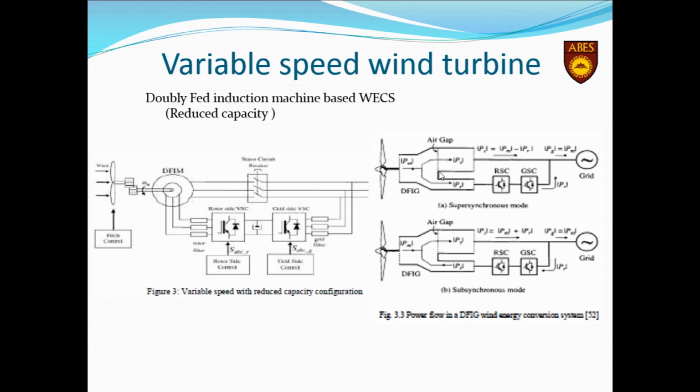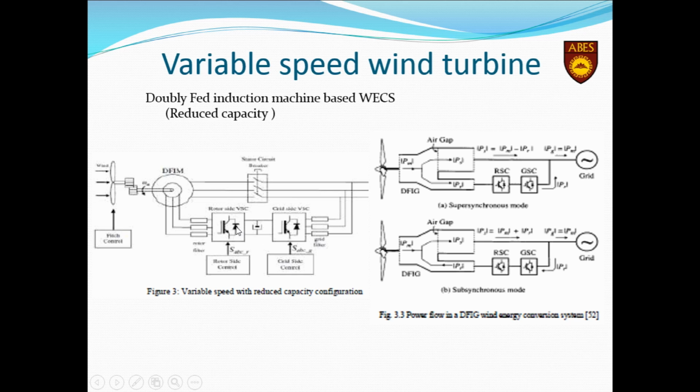Whereas in supersynchronous mode, the stator as well as the rotor both produce power, stator power and rotor power, and then at a particular point of common coupling, both powers come to one place and are fed to the grid.